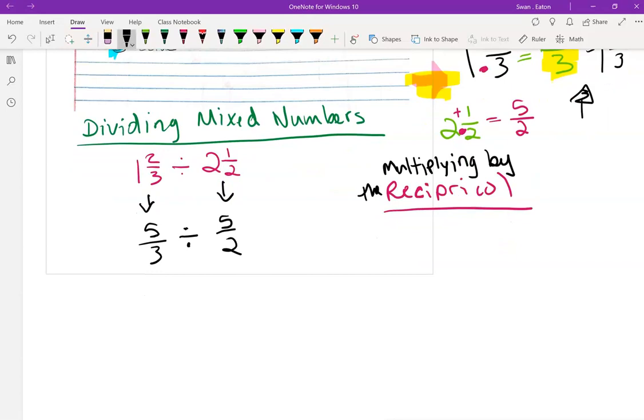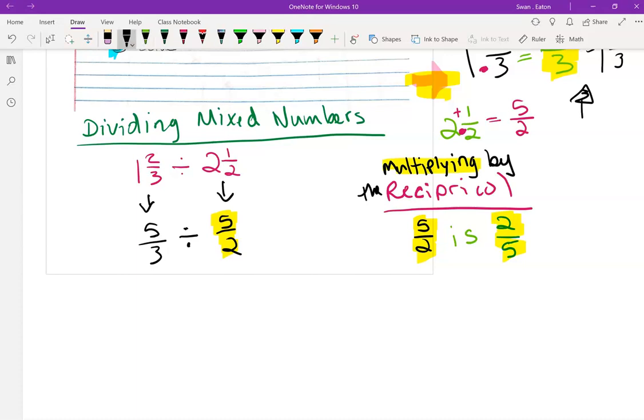The reciprocal of 5 over 2, this second number, is, wait for it, it's going to blow your mind, 2 over 5. All you do is you switch it. And remember, the key word here is multiply. So you're going to multiply by 2 over 5.